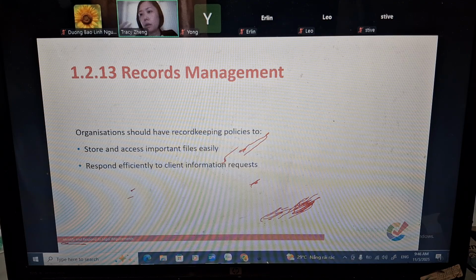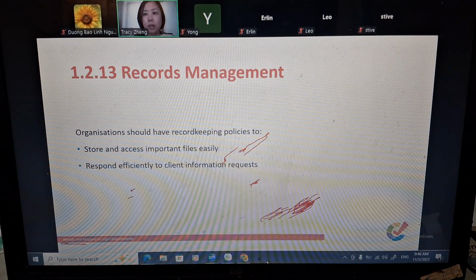Nowadays we use digital systems, so it's easier for us to keep all of that digital information in the computer or in the system. But previously, we used a lot of hard copy and paper based records, so they must have a proper archive room, we say, or storage room to store all of our clients' documents and their records. Right, so that is part of the legal requirement as well.